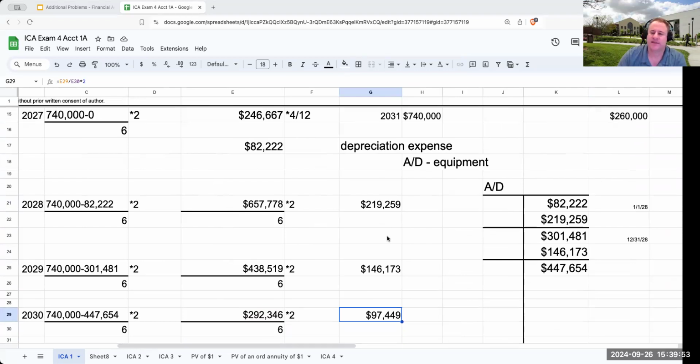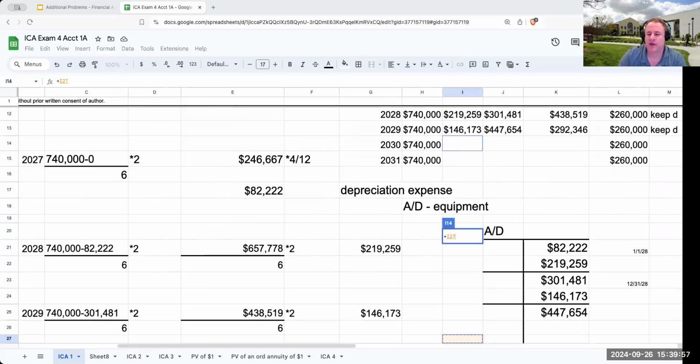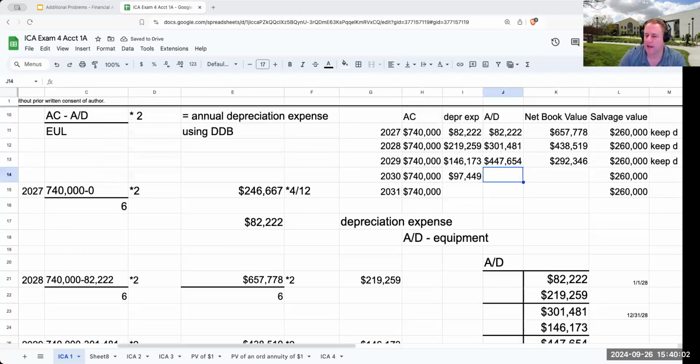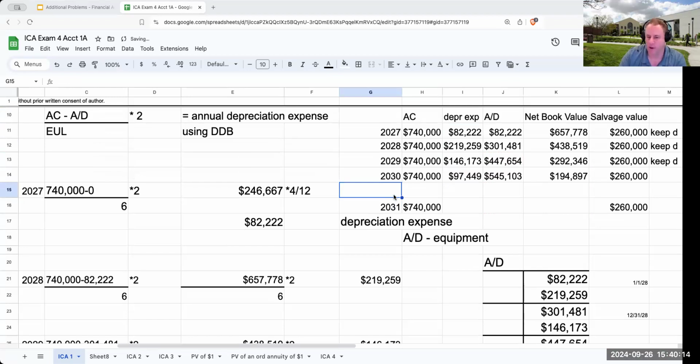So I would tentatively say, okay, we've got 97,449. And I look over here, I've got 545, and my net book value is 194,897. I have a problem.